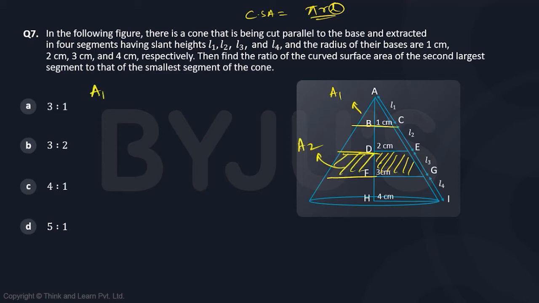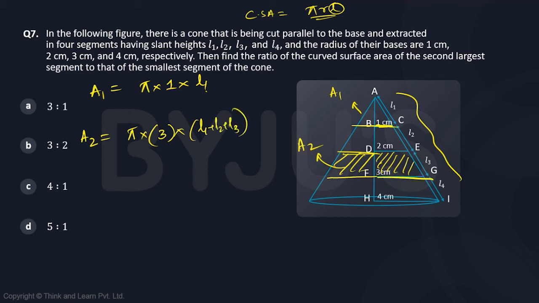So my area 1 is pi, radius of the base here is 1, we already know, into slant height L1. Area 2 is pi into the base radius 3, pi r into the slant height L1 plus L2 plus L3.